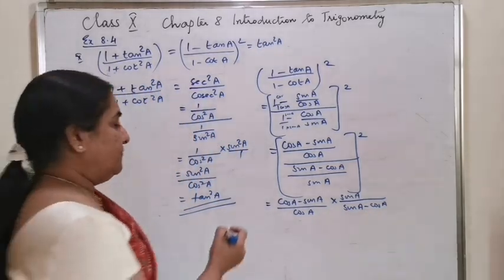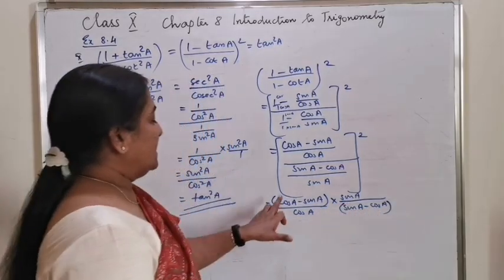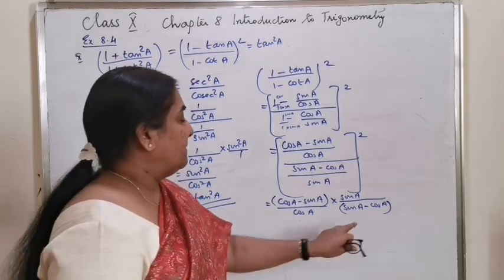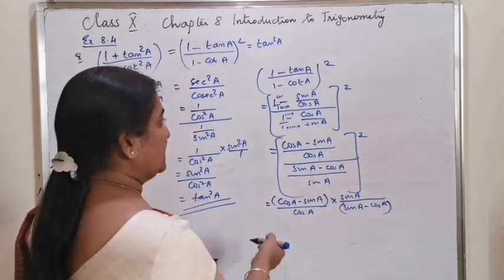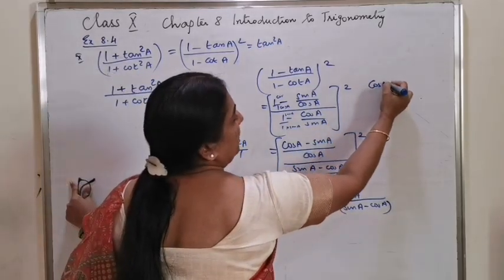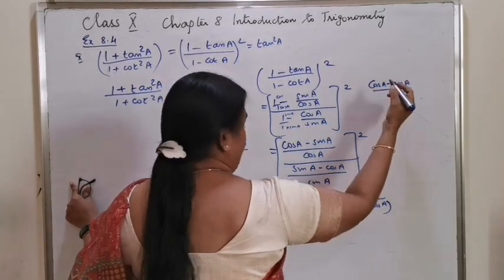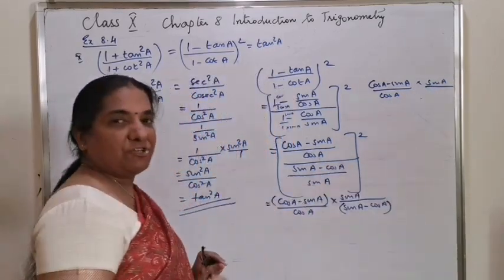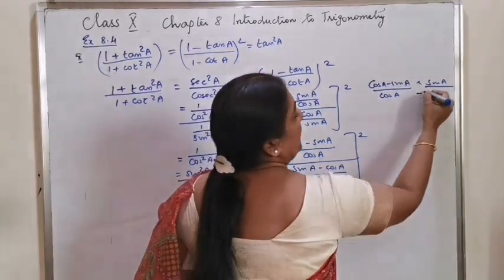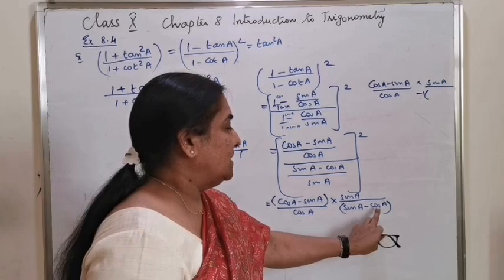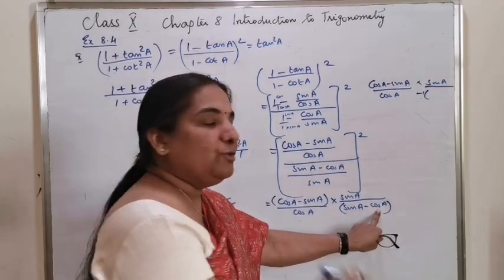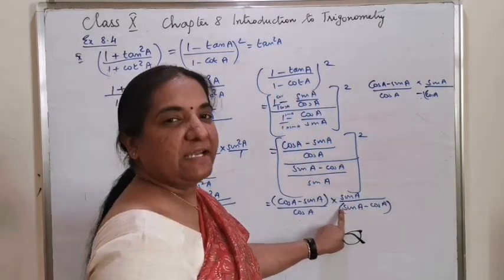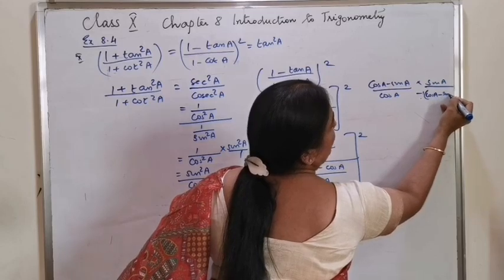From this step, if you see here, cos A minus sin A and sin A minus cos A can be made equal by taking a negative 1 outside, which can be written as cos A minus sin A divided by cos A into sin A divided by minus 1 times cos A minus sin A. When the minus sign goes with cos A, you write cos A in the beginning, then it is positive sin A, because negative into negative gives positive.